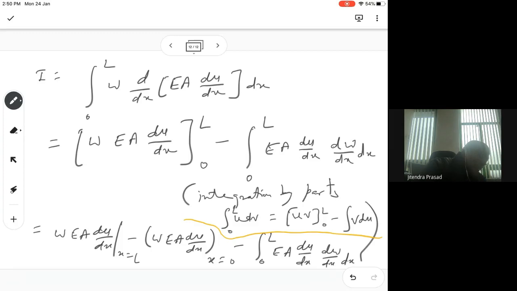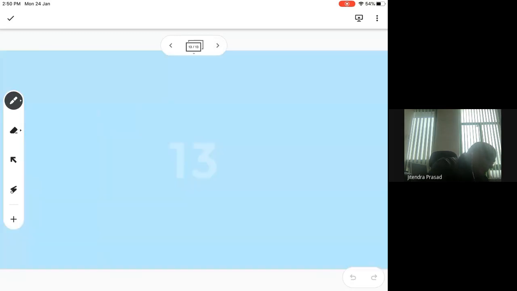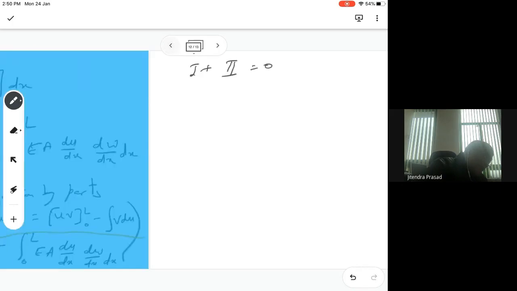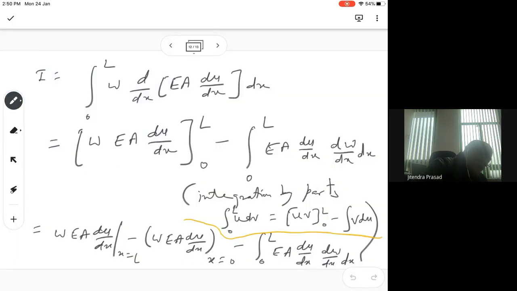So we got the first part like this. We know that number 1 plus 2 equal to 0 is the whole equation. So we can write further, and what do we get? We get like this.